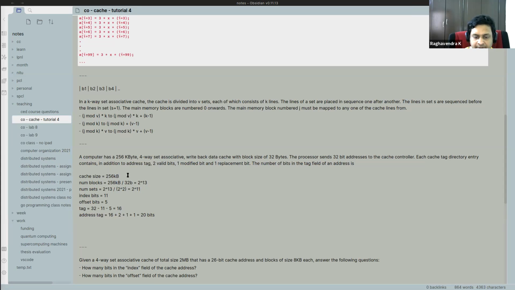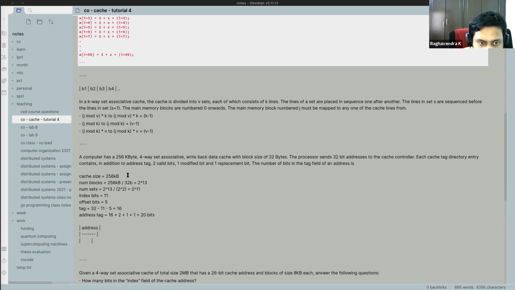So let's say I have an address. So this is my address bit. And this address, I'm splitting it into tag, index, and offset. Agreed? So I hope everybody knows. So I have split up the tag, index, and offset.